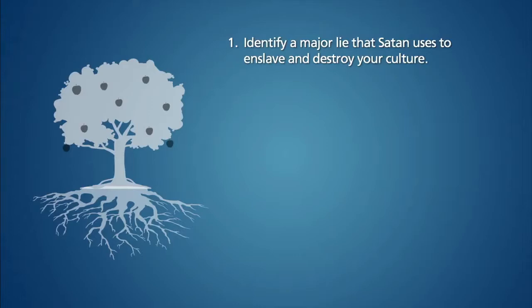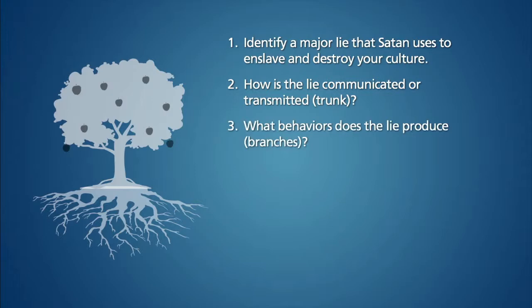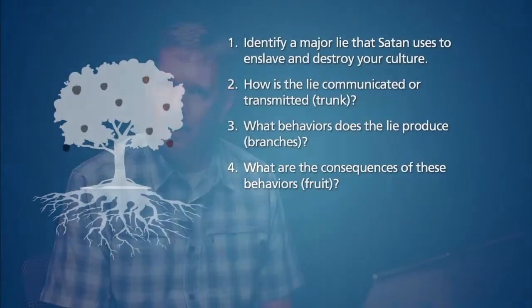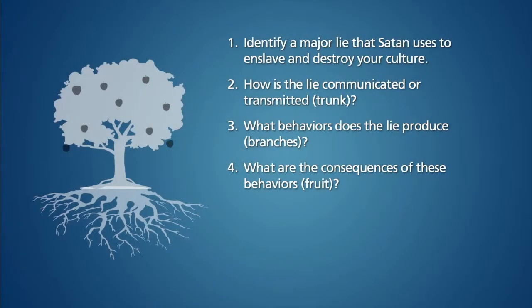First, we're going to look at how is that lie communicated, how is it transmitted? Secondly, what behaviors does it produce? How do people act? How do they behave as a result of the lie? Then we're going to ask the question, what are the results or the consequences of those behaviors for the larger culture? How does it impact churches, families? How has it impacted you personally?